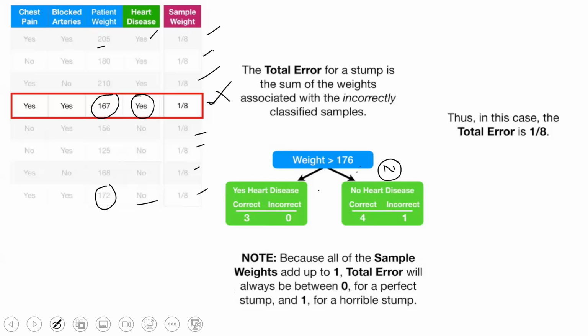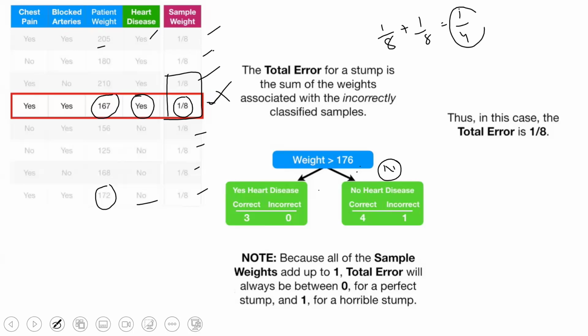Now to calculate the total error, we just need to sum the weights associated with the incorrectly classified samples. Here there is only one record incorrectly classified. Let's suppose it incorrectly classified two records, then the total error will be the sum of the weights, 1 by 8 plus 1 by 8, which is 1 by 4.